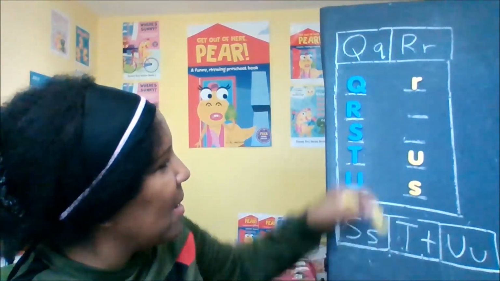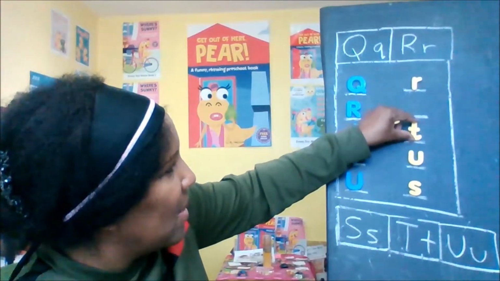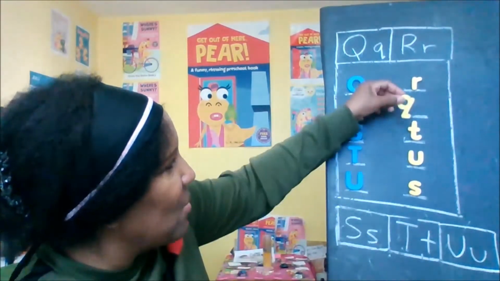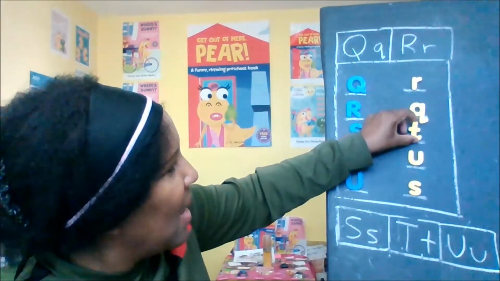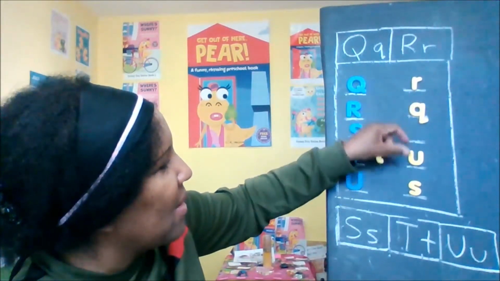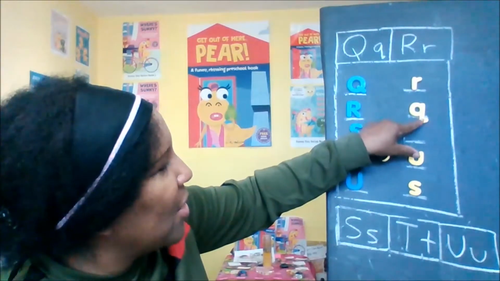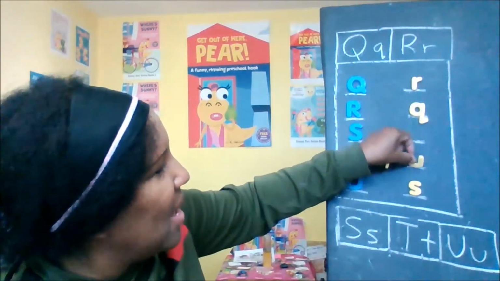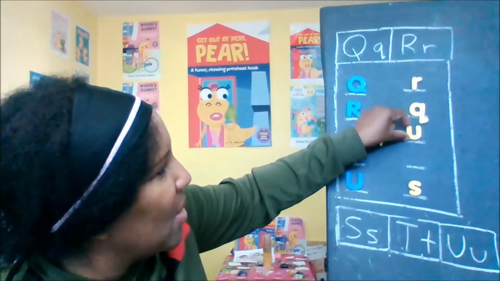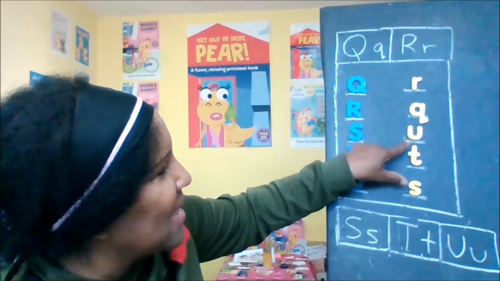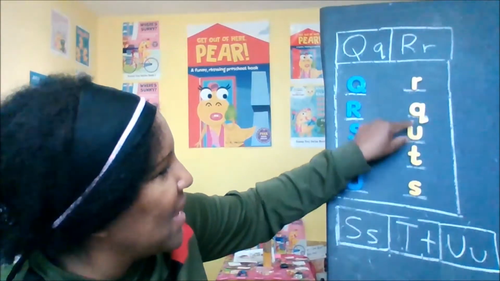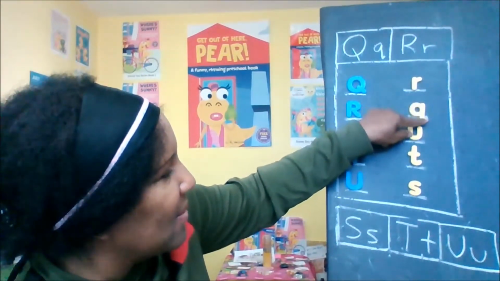T, I'm going to put up right above U. And there's one spot left, and that will be for the Q. Because this is a tall letter, and Q is a letter that has a tail, I'm going to put a short letter below Q. Now T has space because U doesn't have a tail. Only Q has a tail.